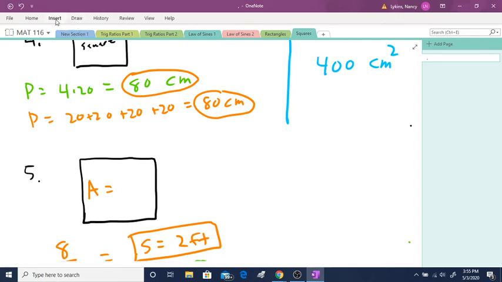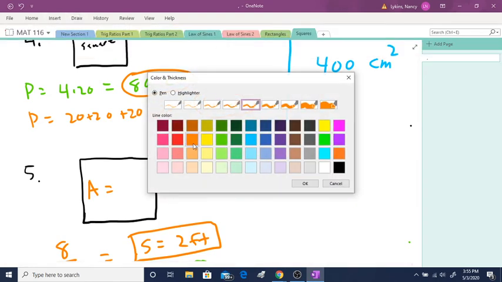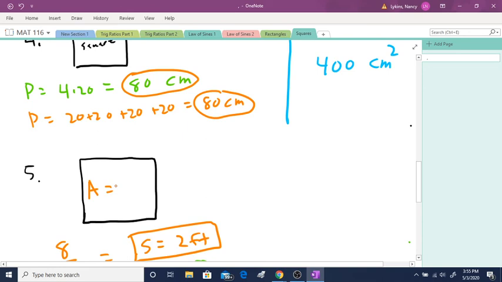So let's say area equals, say, 25 meters squared. So that means I'm asking what would the sides be?